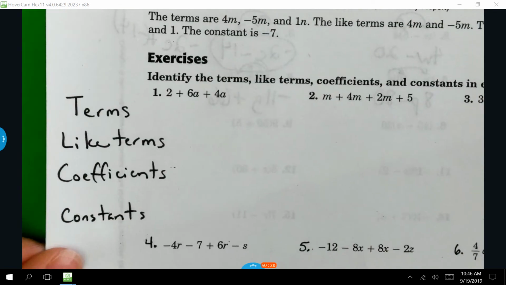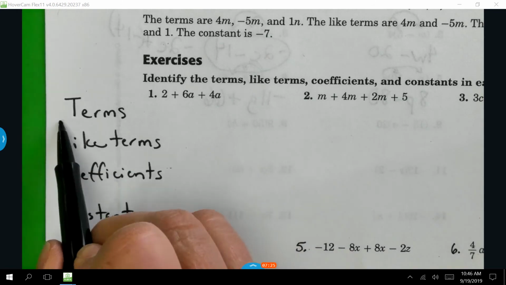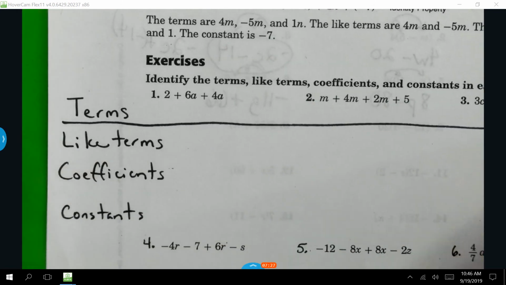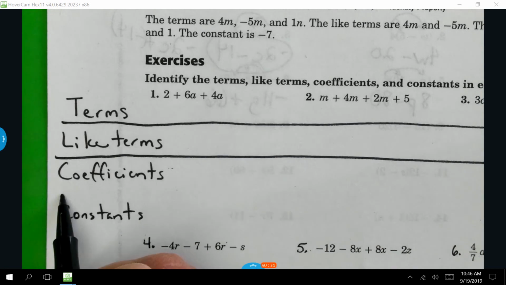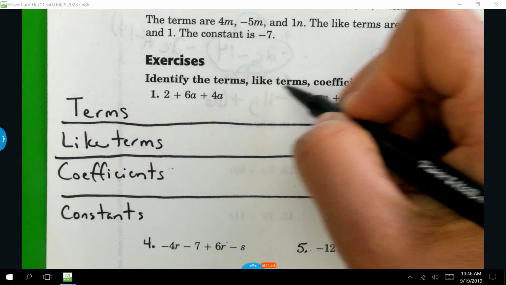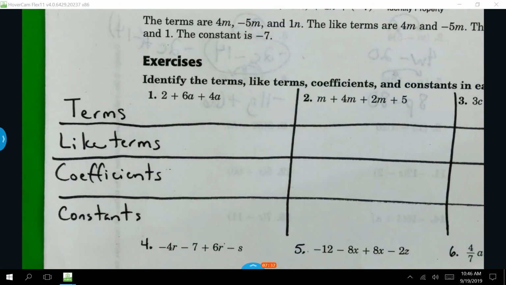And then I'm just going to draw a line across and maybe make a grid so we don't have to write this over and over and over again. And as always, stop me if you have questions. I'll give you a second to get that written down.